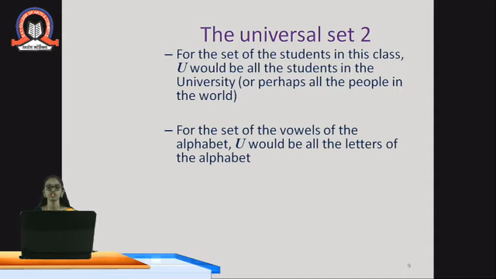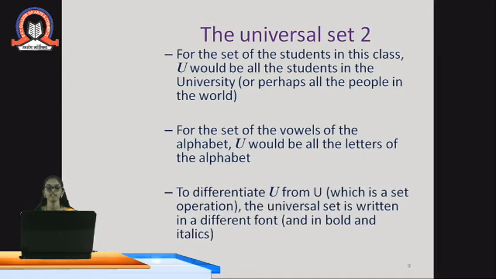Now, universal set, part 2. For the set of students in this class, U would be all the students in the university or perhaps all the people in the world. For the set of the vowels of the alphabet, U would be all the letters of the alphabet.